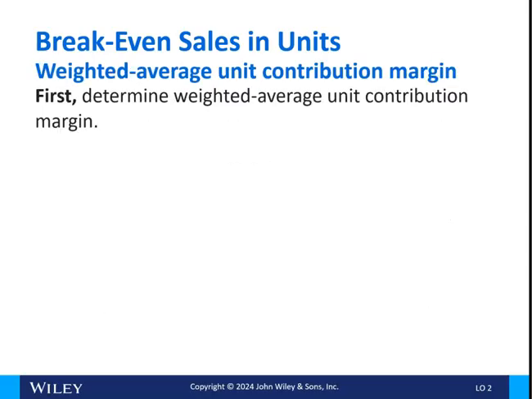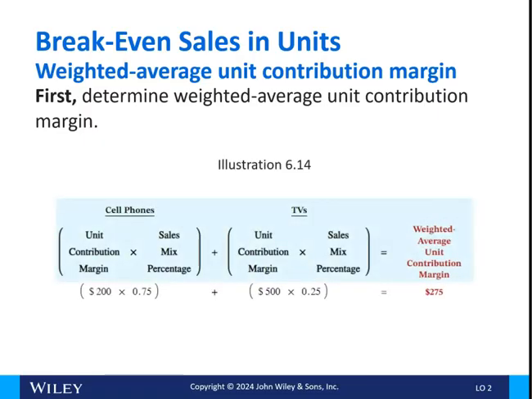So to get weighted average contribution margin, we're going to take the unit contribution margin for each product individually times the sales mix percentage for that product. Then we add those together to get the weighted average.